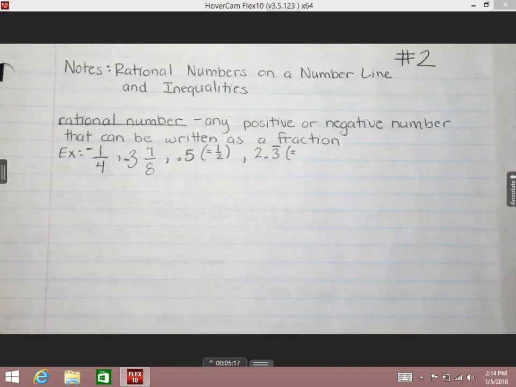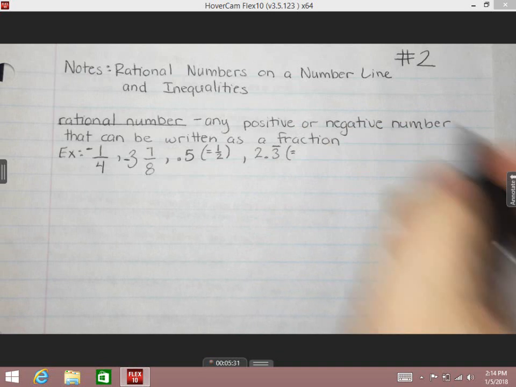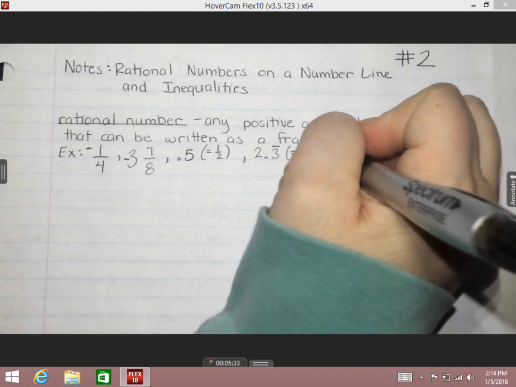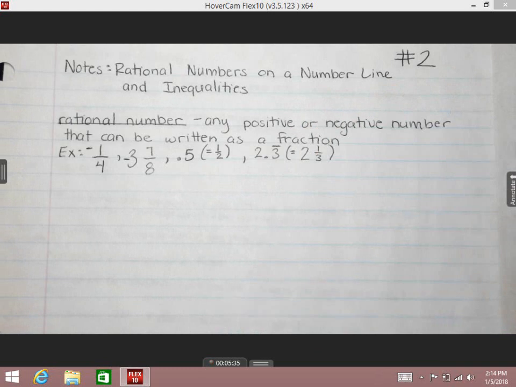It is going to go on and on repeating, but you actually can write that as a fraction. Andrew? It would be 2 1/3. 2 1/3. So 1/3 is a very common fraction.